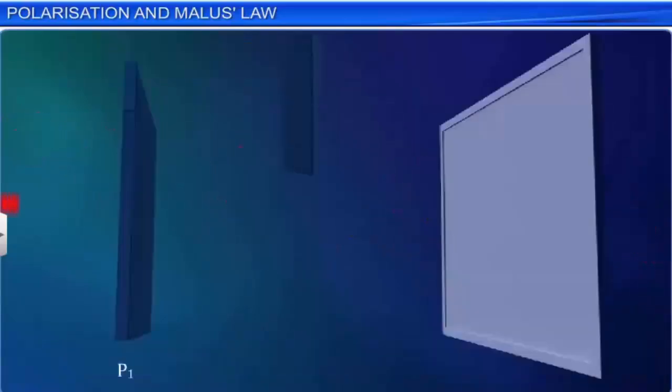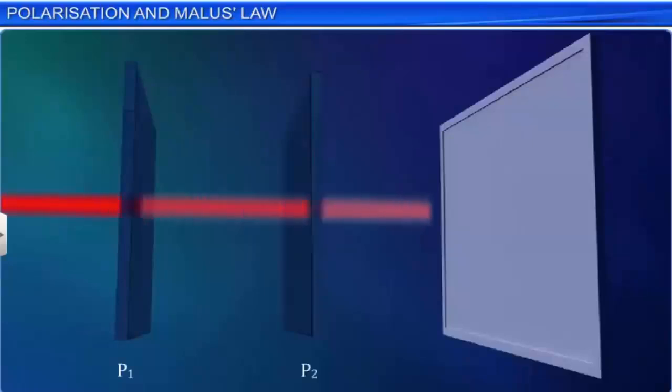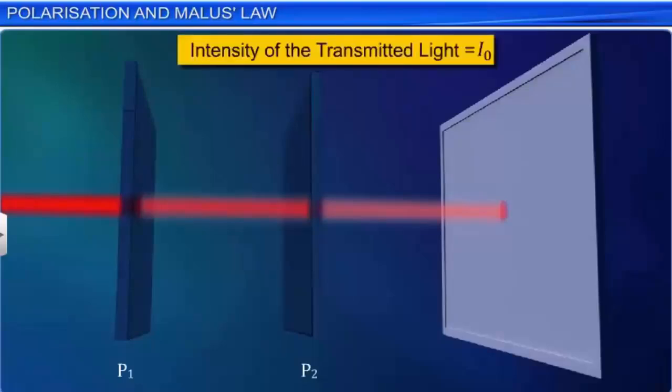Let the intensity of the plane polarized light transmitted by the Polaroid P1 be I0. Now, place another Polaroid P2 between the first Polaroid and the screen in the path of the plane polarized light of intensity I0. The intensity of the light falling on the screen depends on the orientation of the Polaroid P2.